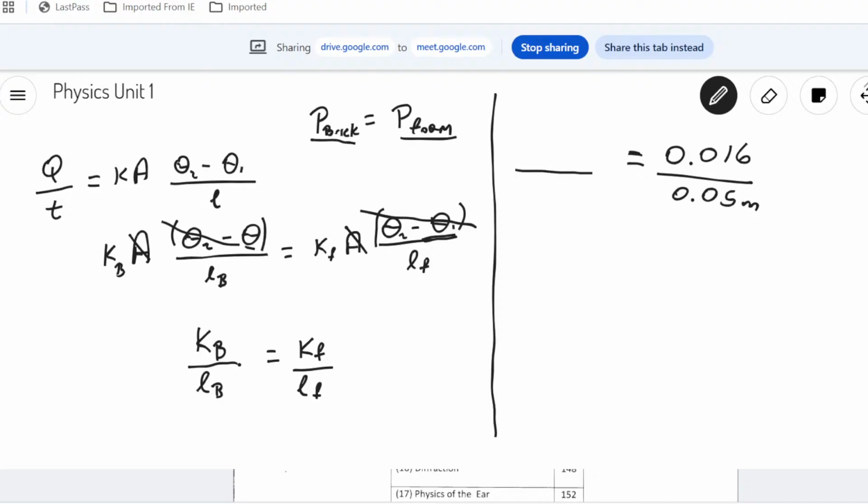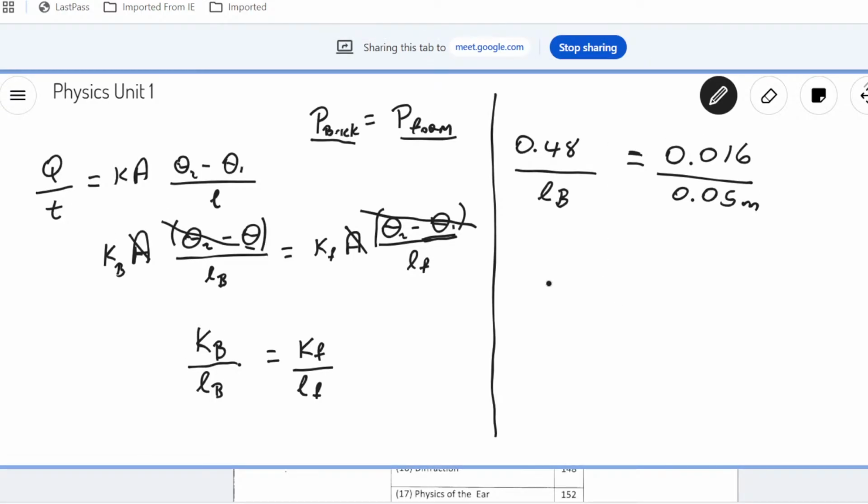And then the thermal conductivity of the brick is known, 0.48. Now we're trying to find the thickness of the brick. Alright, so it's just a matter of transposing them.